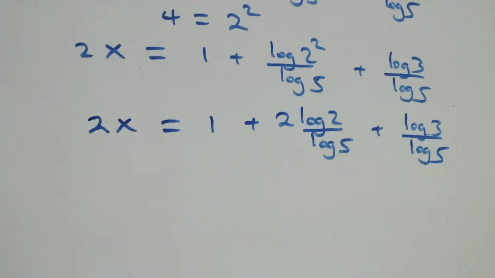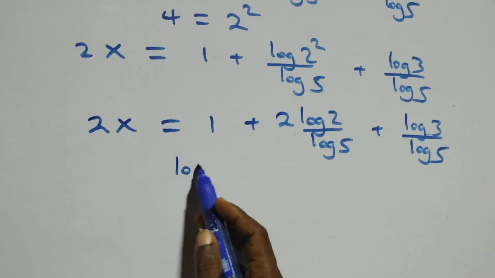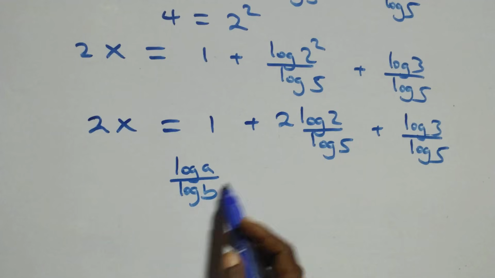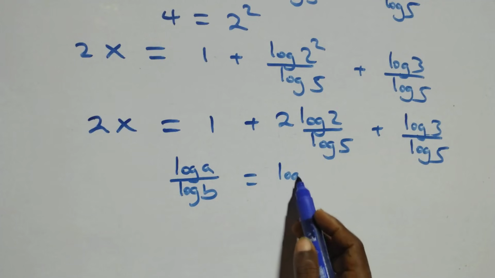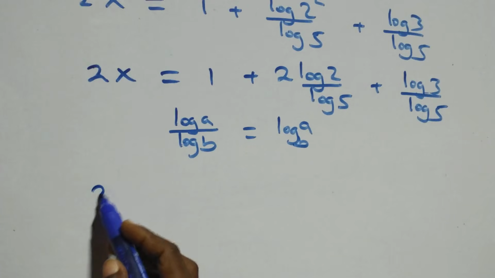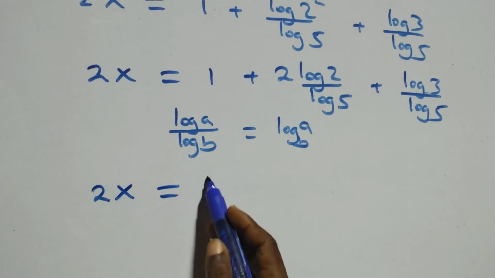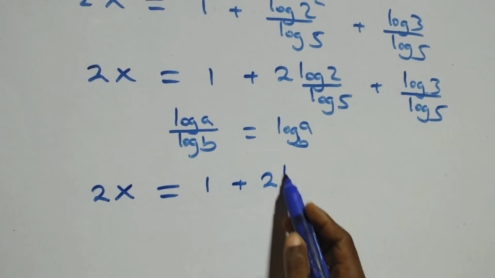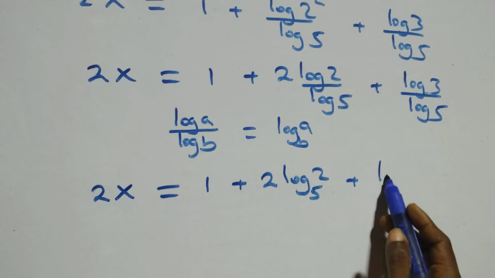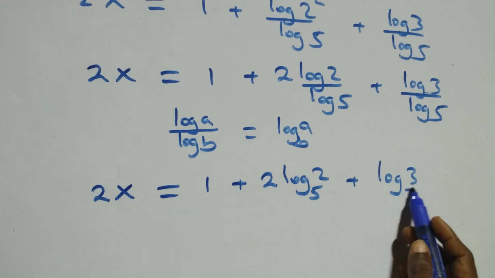Then applying change of base, when we have log a over log b, this is the same thing as log a base b. Like this, here we have 2x equals 1 plus 2 log 2 base 5 plus log 3 base 5.